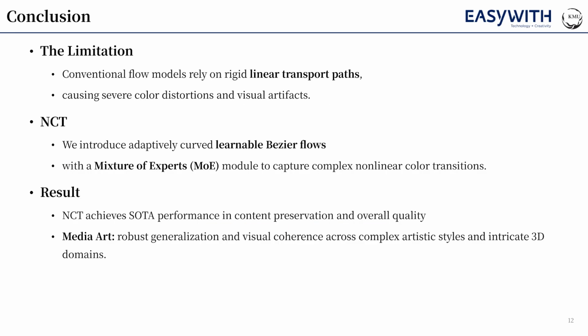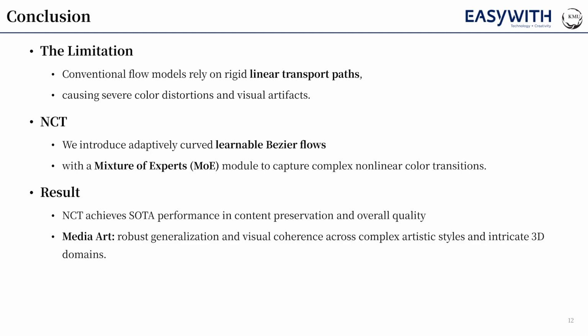In conclusion, we introduced NCT, a nonlinear color transfer framework that leverages Bezier flows to overcome the limitations of traditional linear transport models. By learning perceptually coherent trajectories through intermediate control points, NCT achieves significantly smoother and more accurate color transfer.